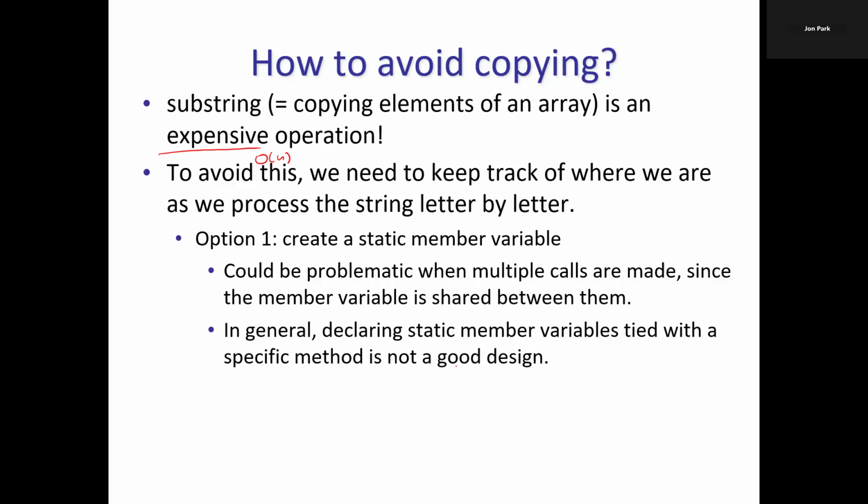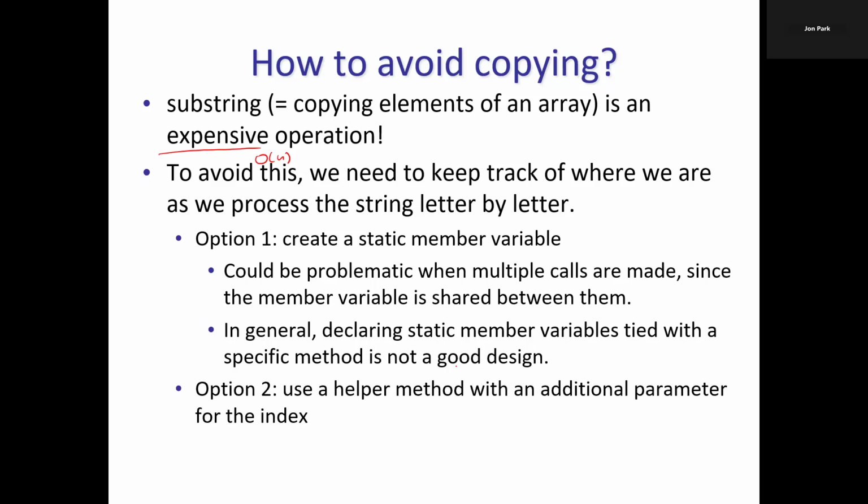Okay. So a better option, which we'll use, is to create a helper method with an additional parameter. Why is it a helper method and not the original method? The original method cannot change the number of parameters.